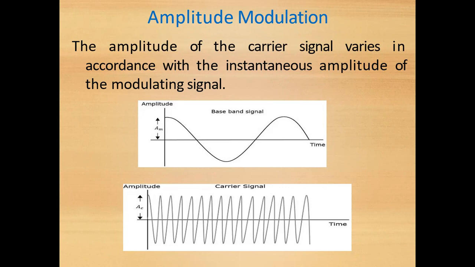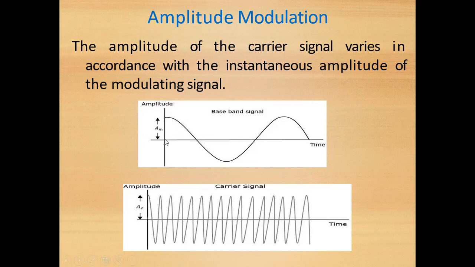First, let us verify the definition by the waveforms. Then we will verify or prove that by using equations also. So here we have our carrier signal and modulating signal in the definition. I'm taking a modulating signal and carrier signal.